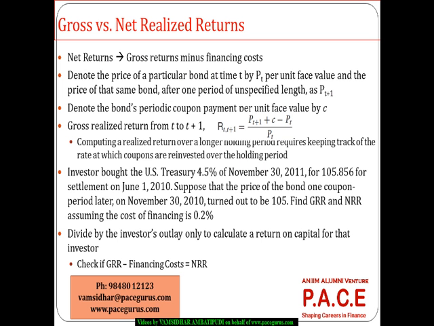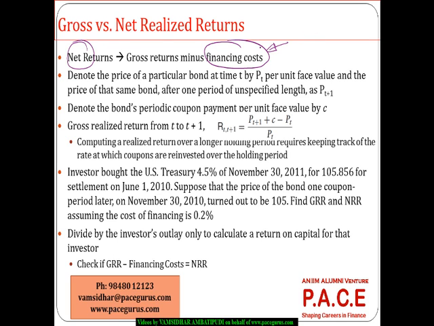So let's get started with the gross realized return versus the net. At any point in time, the net return is nothing but the gross return minus the financing cost. So especially for an investment, for buying a particular security, if there are any financing costs, the gross return minus the financing costs is going to give me the net return.